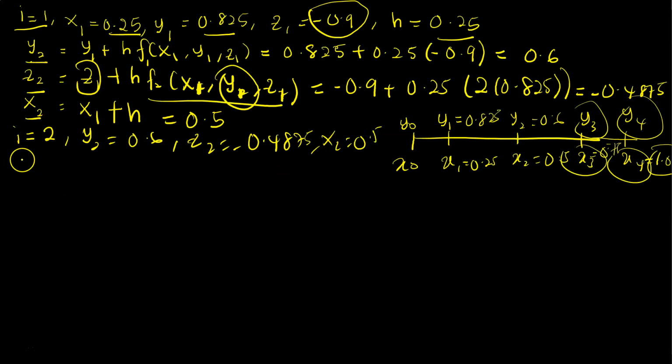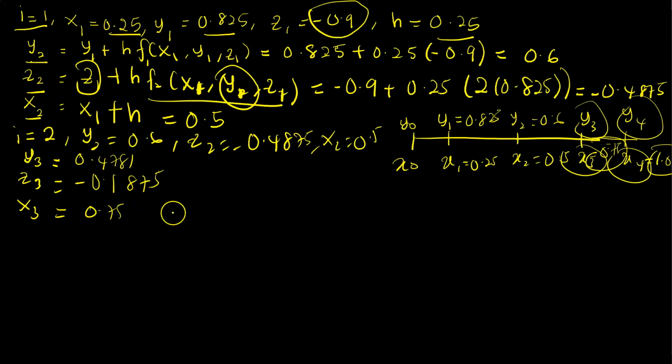We find y3, z3, and x3 by using the same process with these updated values. So y3 you will get 0.4781, z3 equal to negative 0.1875, and x3 equal to 0.75.